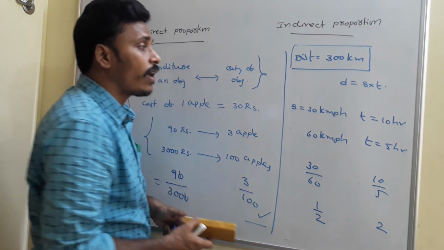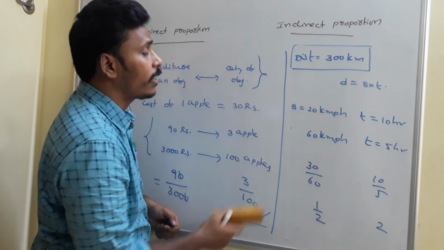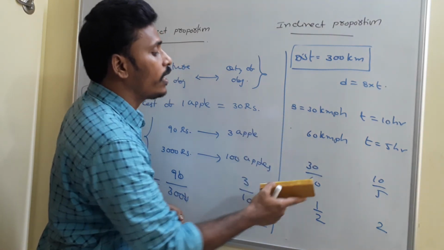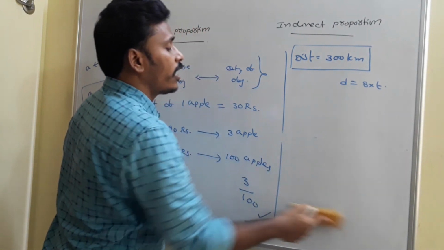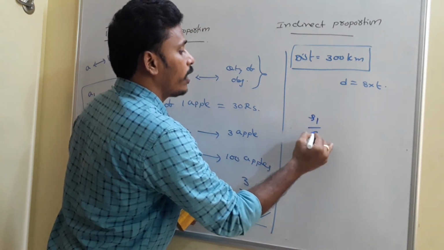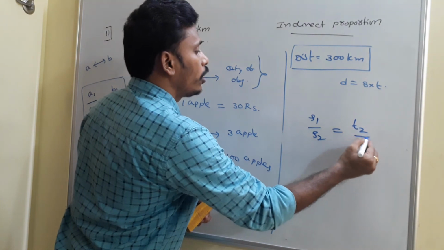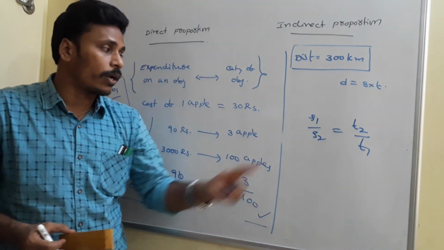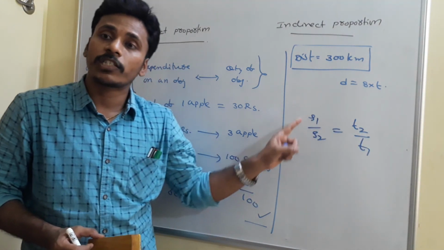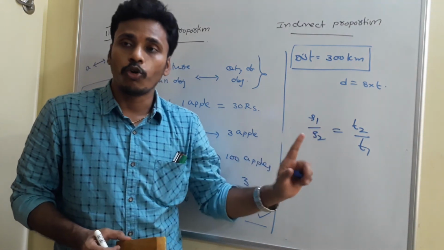Then in this case, since speed and time are inversely proportional, or in indirect proportion, we write that S1 by S2 is equal to T2 by T1. The corresponding value for S1 is T1 and the corresponding value for S2 is T2, but S1 by S2 is equal to T2 by T1.